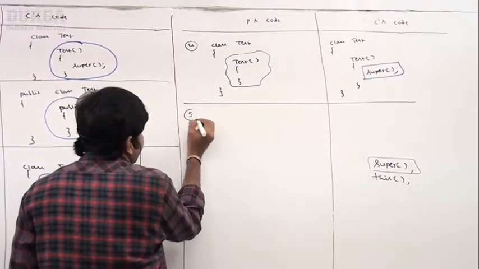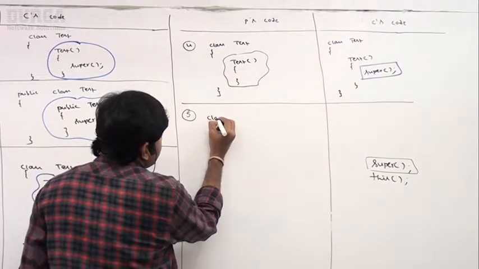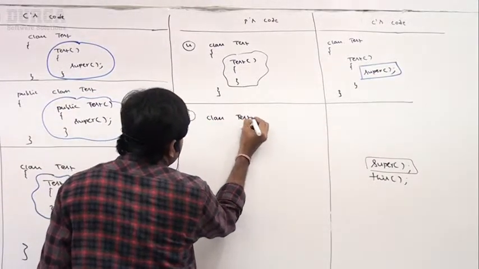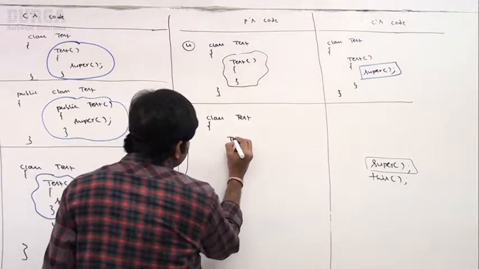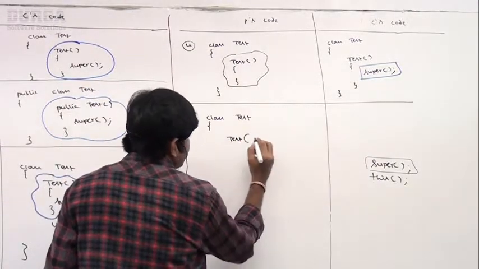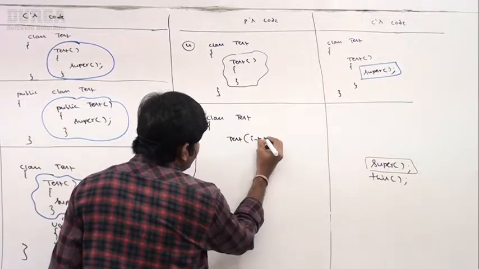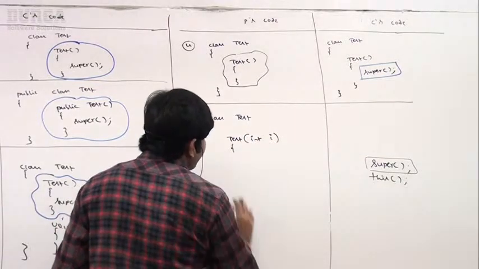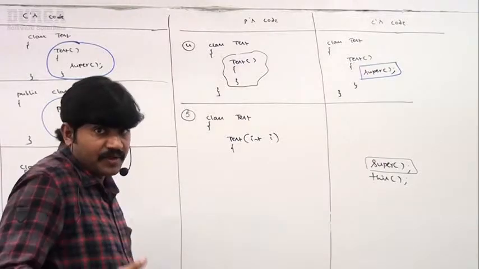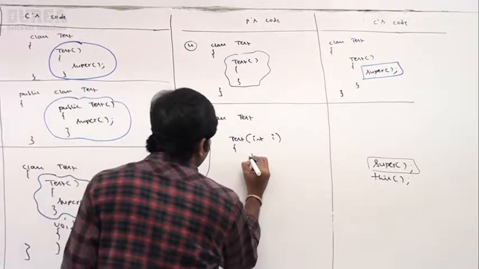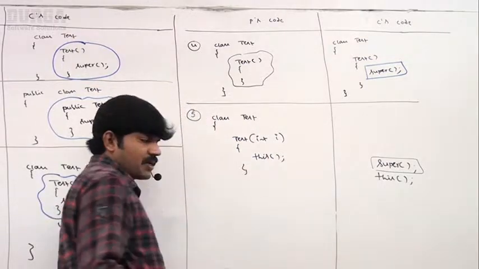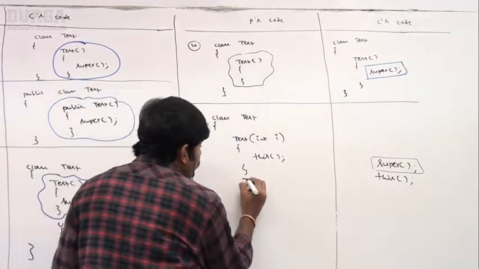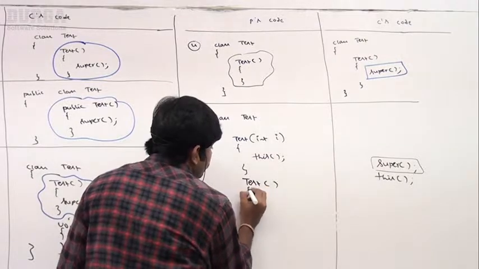Remember, right? Now the next case. Here I am taking class test. Here test of int i. I'm writing my own constructor, and I'm calling this, sir. Now test, that's all.